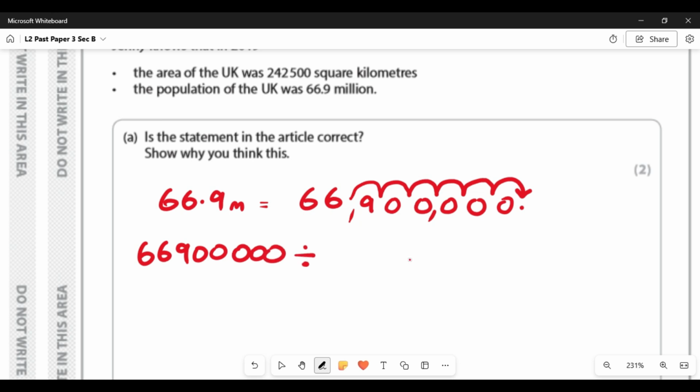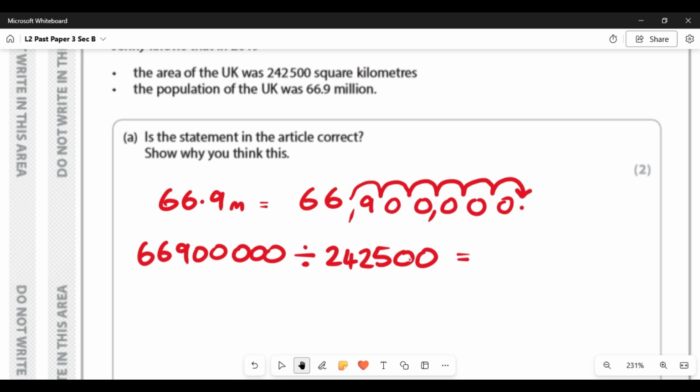You can't use estimation because it didn't say that. Divided by 242,500. So this is one way of doing it. So in your calculator, if you type that in, 66, 9, how many zeros? 1, 2, 3, 4, 5 zeros.